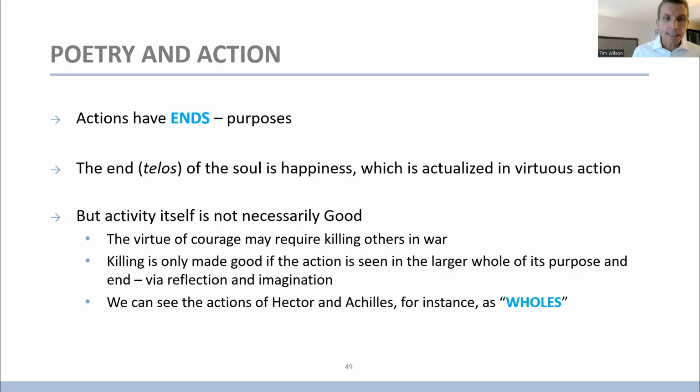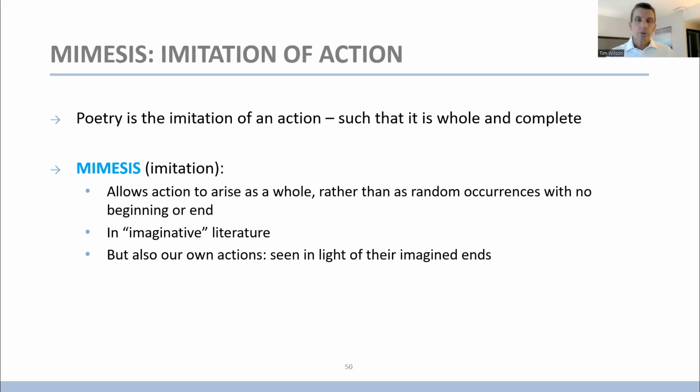We can see the actions of Hector and Achilles as wholes because of Homer. Because of Homer's work as a poet, he's able to bring that forth. And so we could say that poetry is this imitation of an action such that the whole and the completeness of the action is seen.